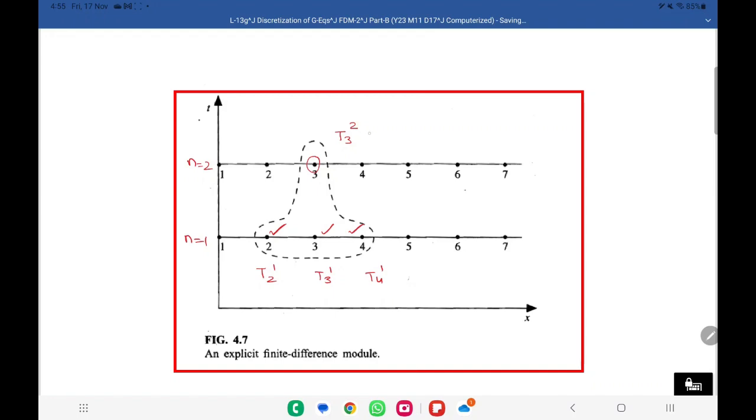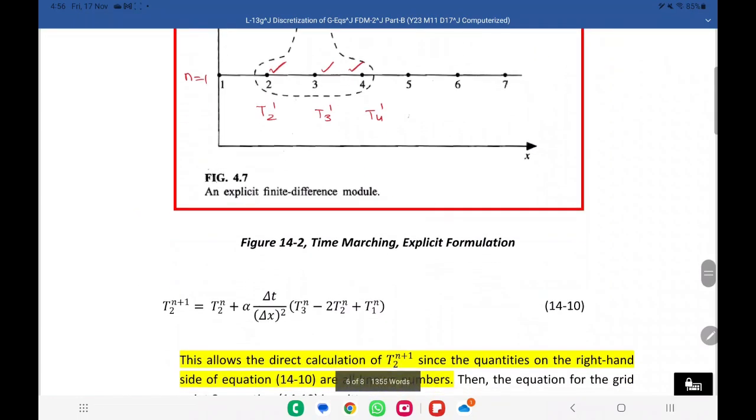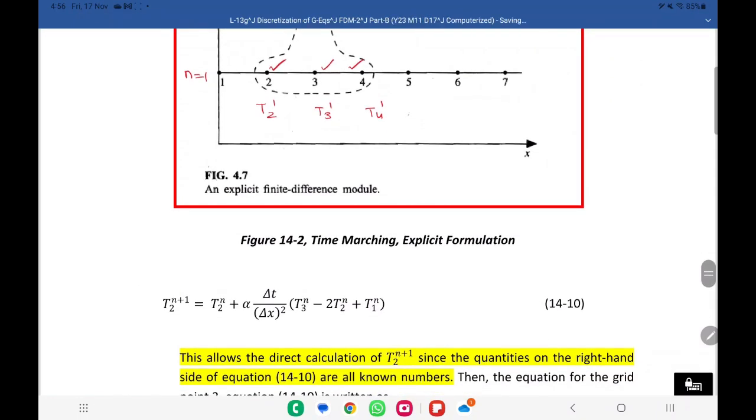You can look at this equation. On the left side is Ti n plus 1. And on the right side, you will have Ti minus 1 n, Ti n, Ti plus 1 n. So you can say this point is dependent on these, right? So this is also an explicit formulation.